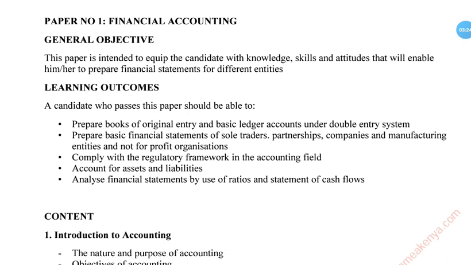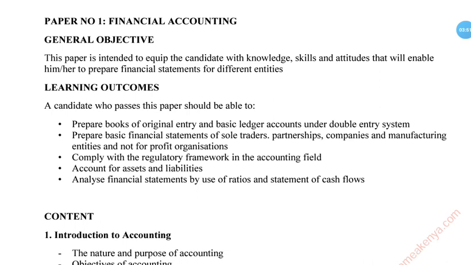A partnership is an association of 2 or more persons who come together to do business for a common purpose. A company is an association of 2 or more persons who associate together to conduct business as a company.